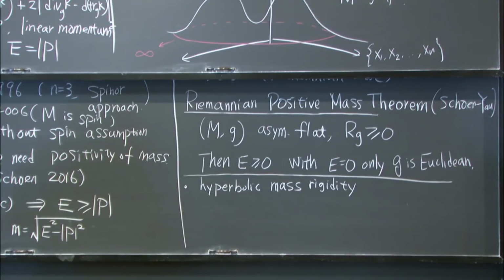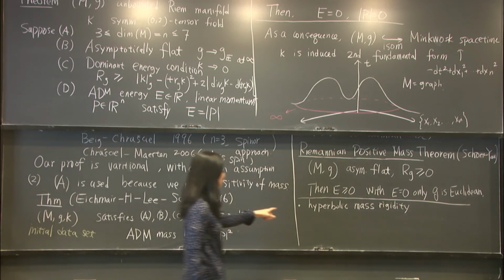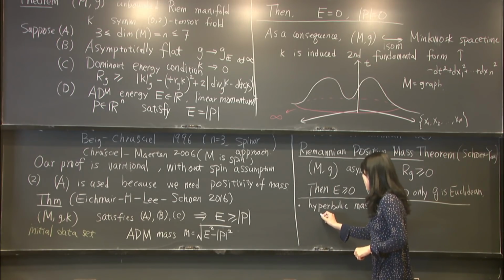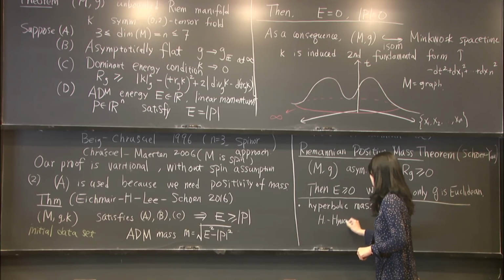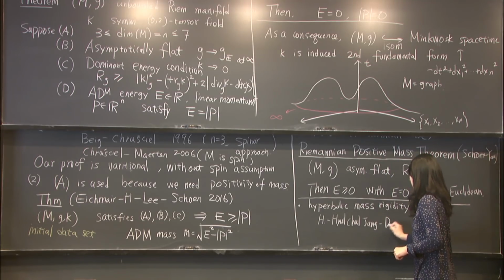Our proof also provides a proof which settles the remaining case for the hyperbolic mass rigidity, which is in a preprint with Hyun-Chul Jang and Daniel Martin.